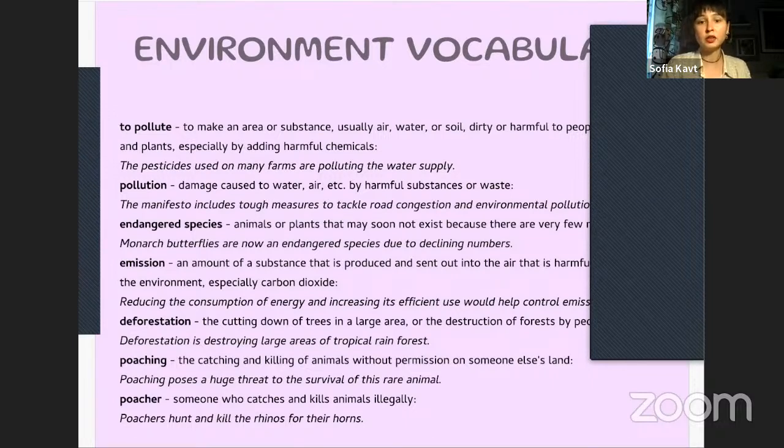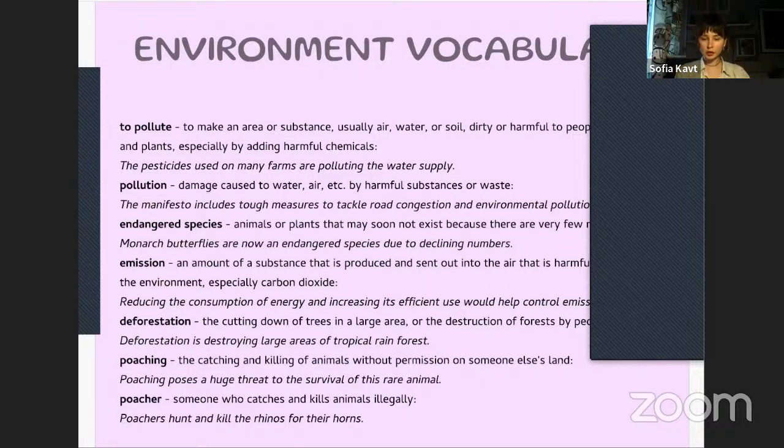By adding harmful chemicals to it, by throwing toxic fumes into the air, by maybe pouring toxic waste into the water, people pollute it. And then pollution, it is the result.